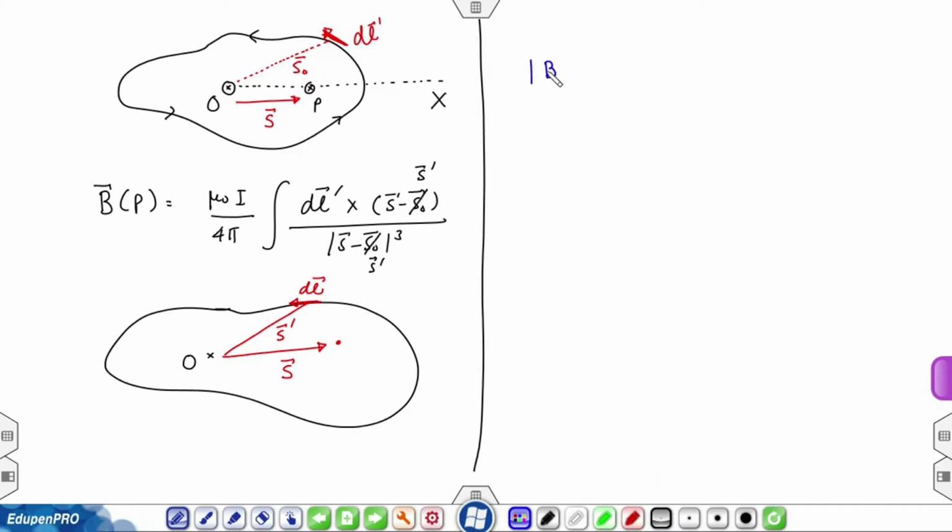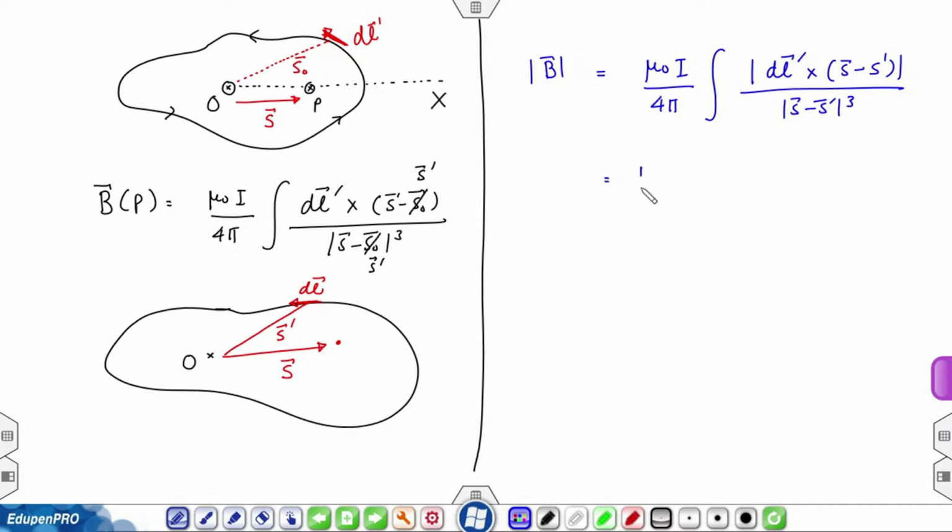The magnitude of magnetic field is going to be mu 0 I over 4 pi integration magnitude of d l prime cross s minus s prime divided by magnitude of s minus s prime cubed, which is nothing but mu 0 I over 4 pi integration, this is over the entire loop, d l prime magnitude perpendicular, I will explain in a minute what this perpendicular is, times magnitude of s minus s prime divided by magnitude of s minus s prime cubed.